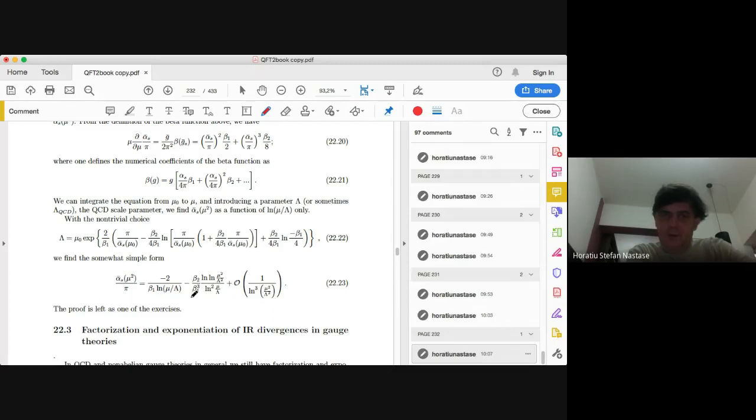So this form now is dependent only on log mu over lambda. The proof of this is left as an exercise. It's just some algebra.